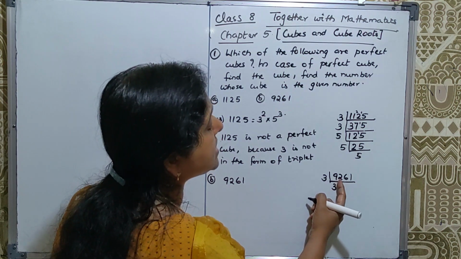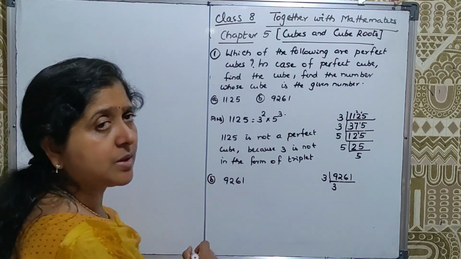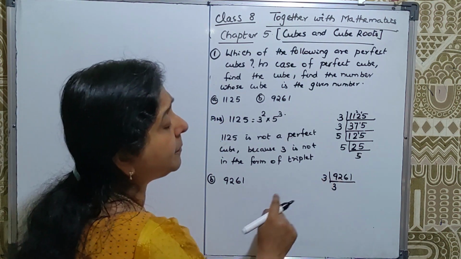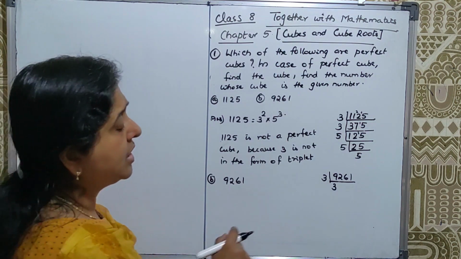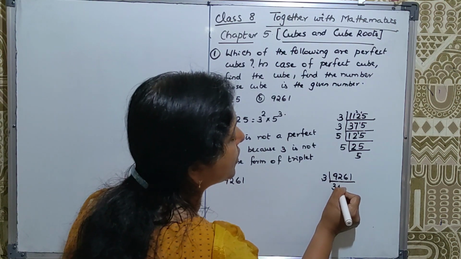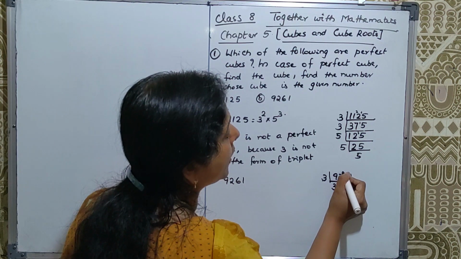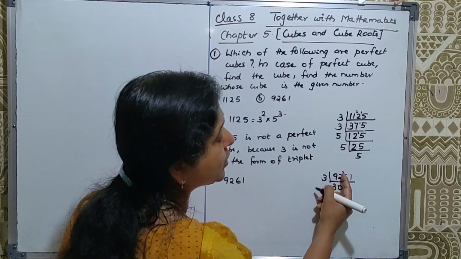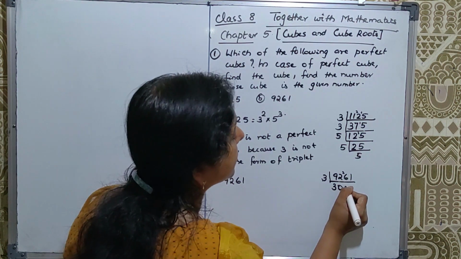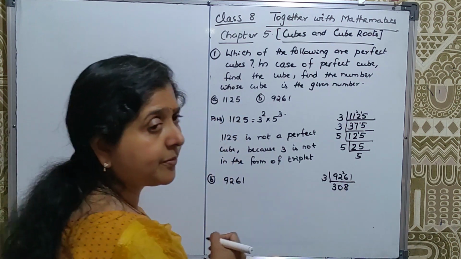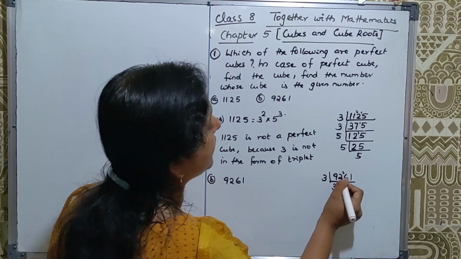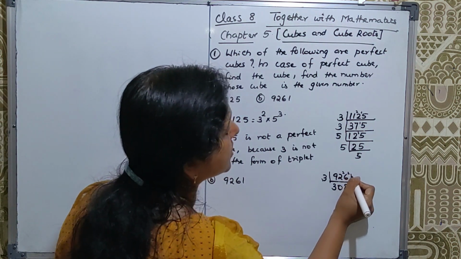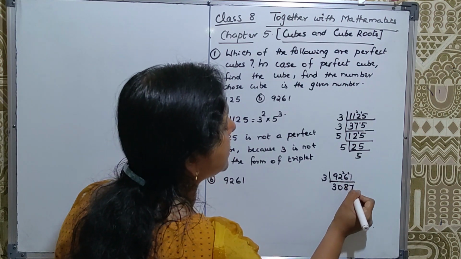Now 2 is smaller than 3, so it is not divisible by 3. So we write 3 into 0 is 0. Remainder is 2. 26: 3 eights are 24. Again remainder is 2. It will be 21. 3 sevens are 21.